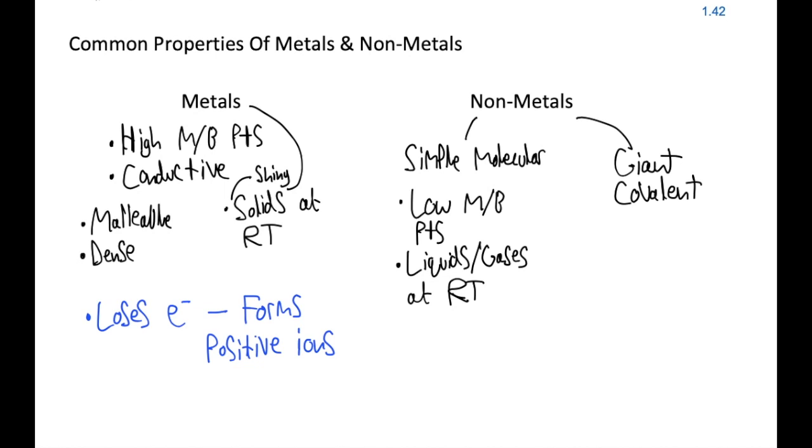Giant covalent structures, on the other hand, are very hard substances with very high melting and boiling points. Some of them conduct electricity well, in the case of graphite, and others don't, such as diamond.